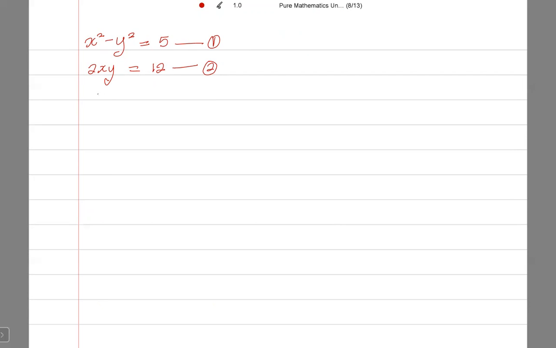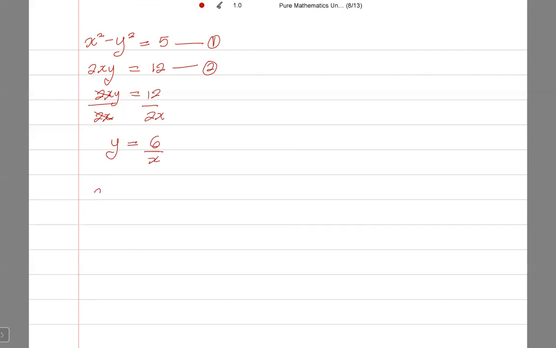So if I have 2xy is equal to 12, and I divide both sides by 2x, I'm going to get y is equal to 6 over x. This is equation 2. Then I'm going to substitute this value of y in equation 1.